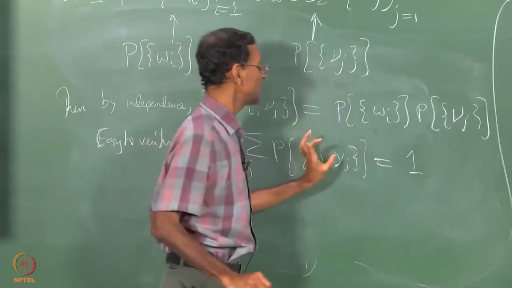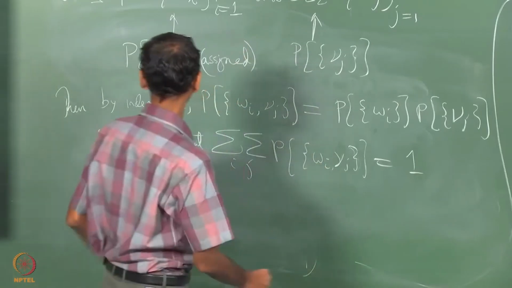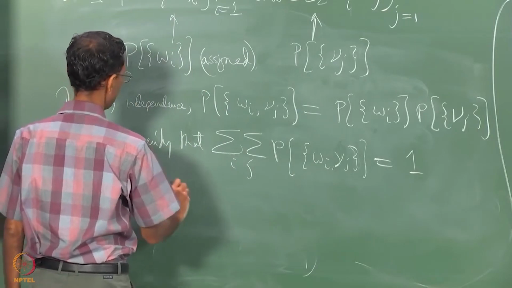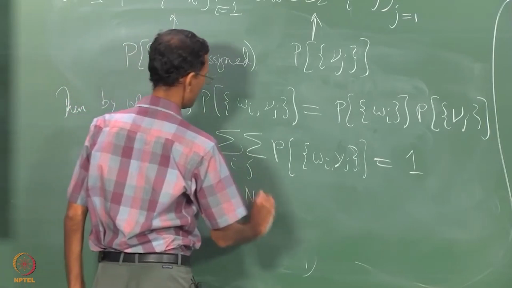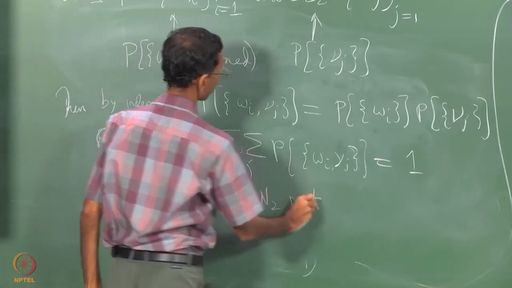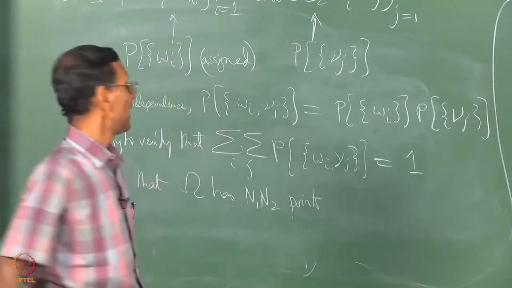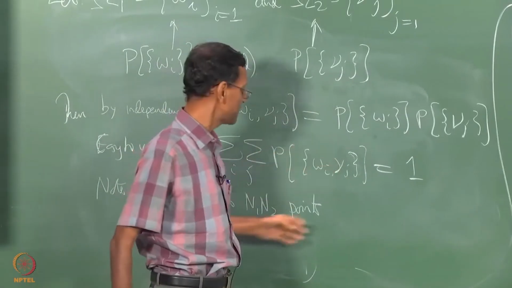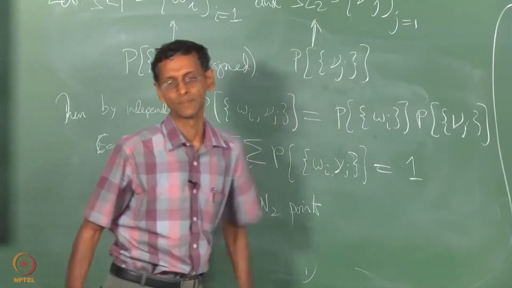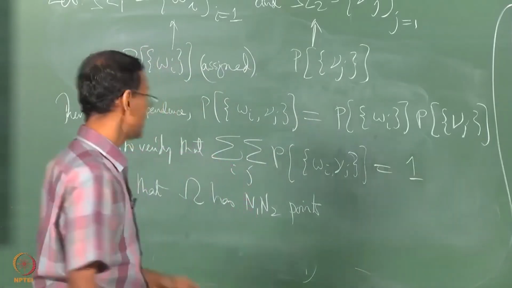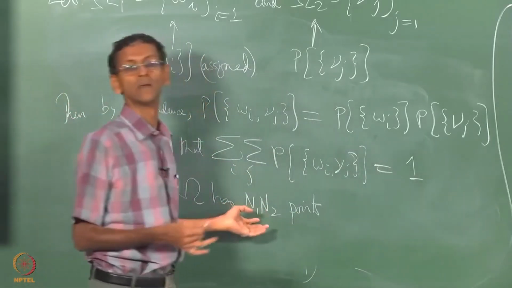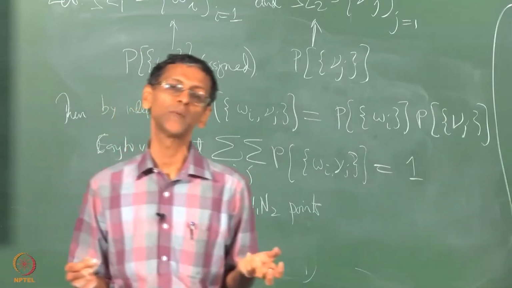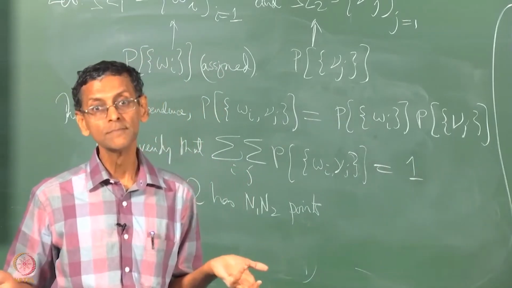So now we have a sample space with n1 n2 points. Note that omega has n1 n2 points. Therefore, if you look at events now, they will be subsets of this omega, and you can have that many more events, because 2 power n1 n2, which is the power set of omega, is not equal to 2 power n1 into 2 power n2.